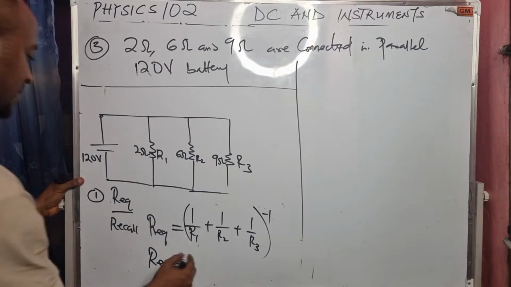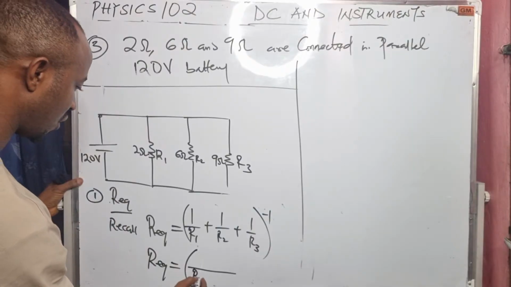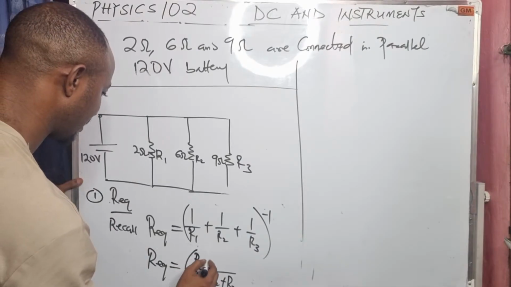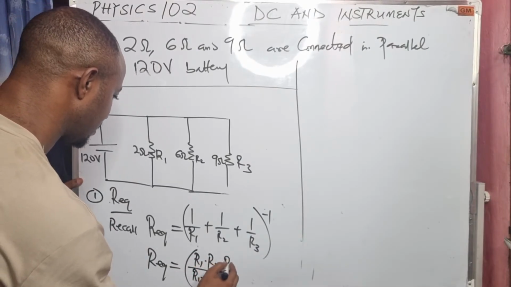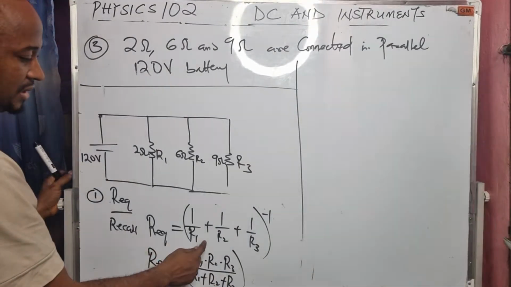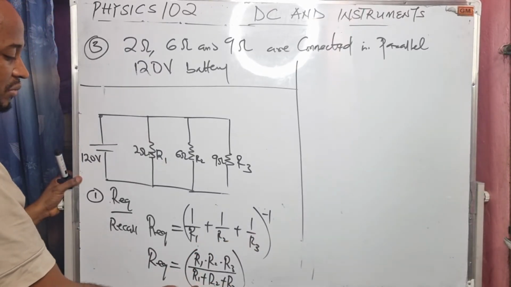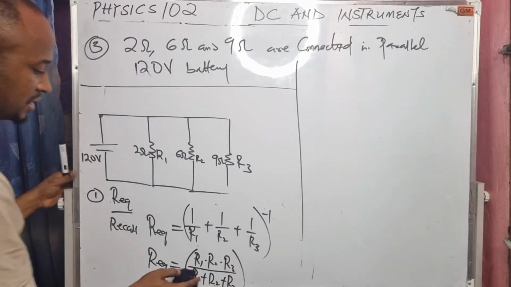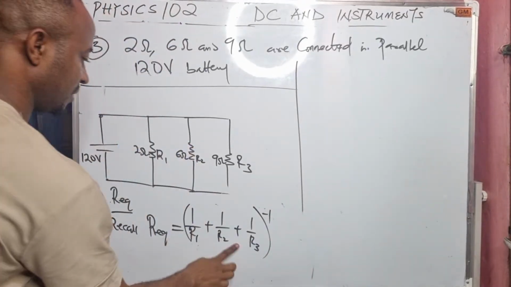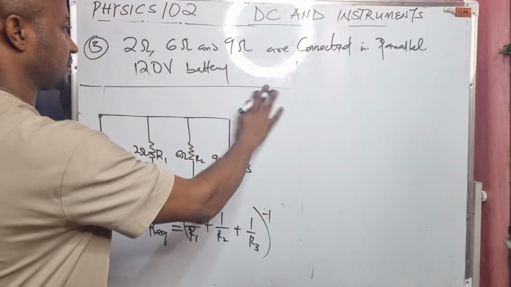Or we can simply say this can also be R1 plus R2 plus R3 over R1 times R2 times R3, because by the time we evaluate this, the LCM is R1 times R2 times R3. But let's make use of this. I think that expression I just did is wrong, but let's just use this formula directly.